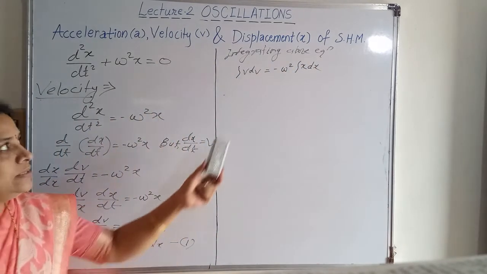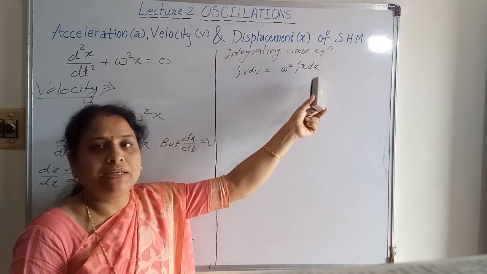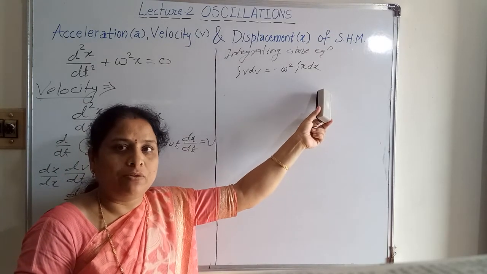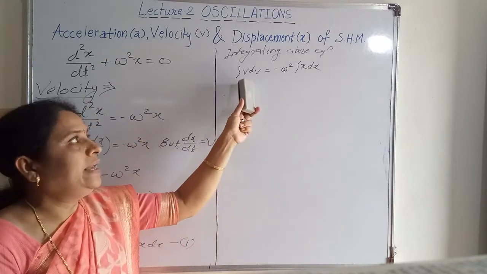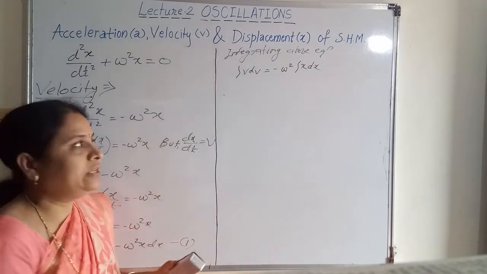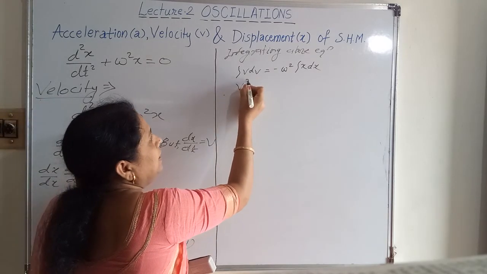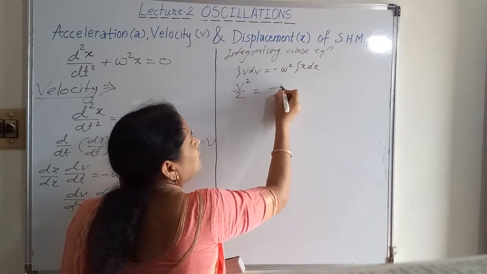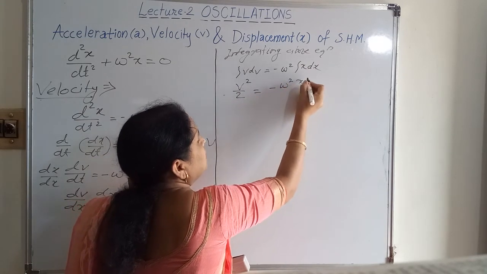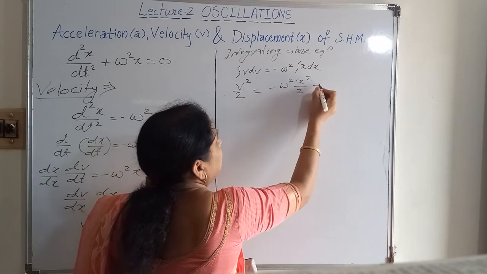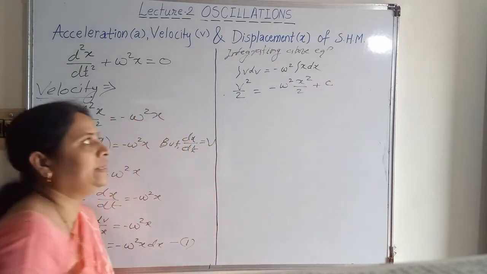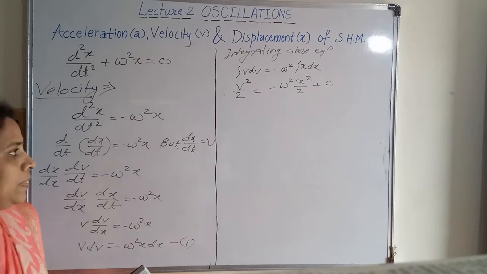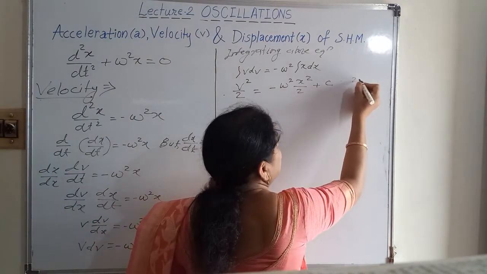In mathematics, you can tell me the value of integration of x dx, that is x square by 2. Similarly, integration of v dv is v square by 2. So we get here v square upon 2 is equal to minus omega square x square upon 2, and we write here some constant of integration, that is c. We call this equation 2.